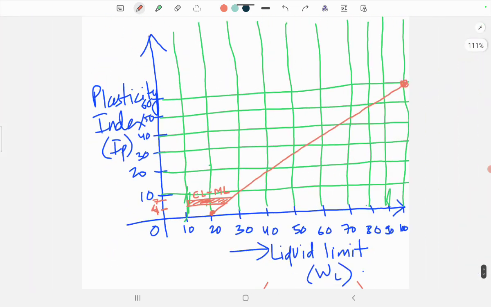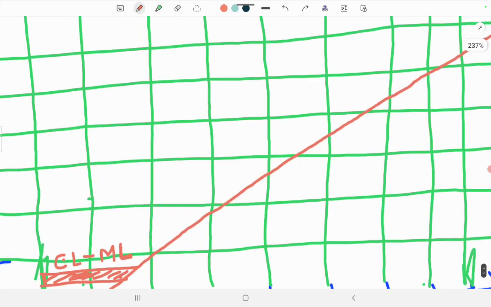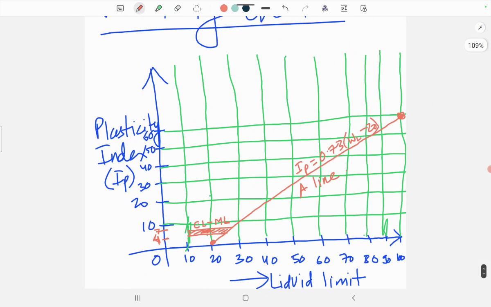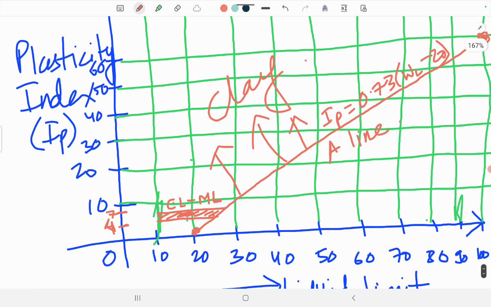So here this line is drawn, and this line is called the A line, and its equation is IP equal to 0.73 into WL minus 20. So above this A line, whatever is plotted is classified as clay, and below this A line, whatever is plotted is classified as silt or organic soil.